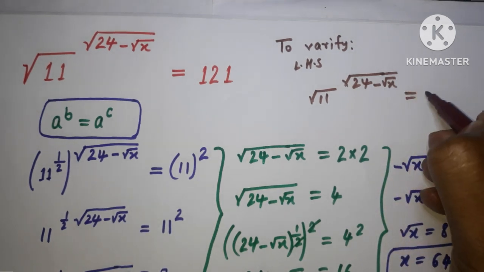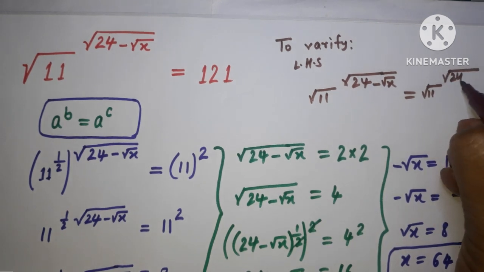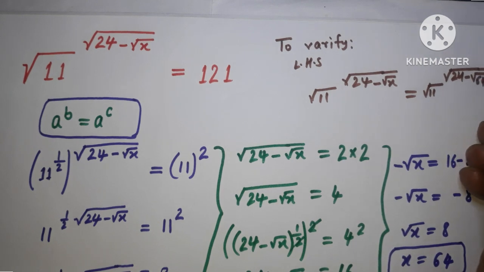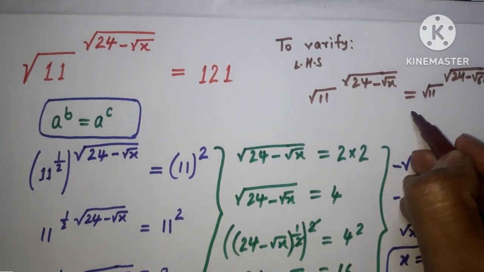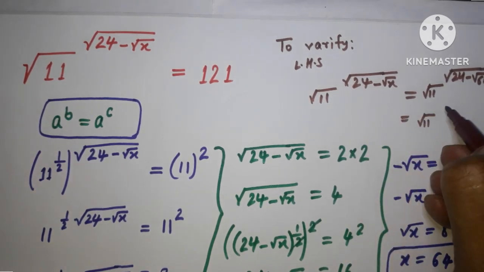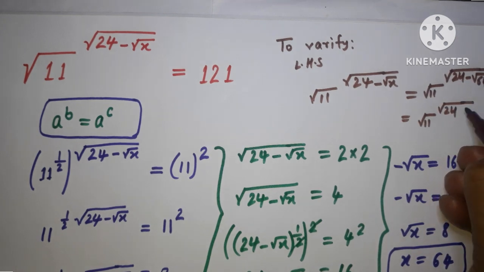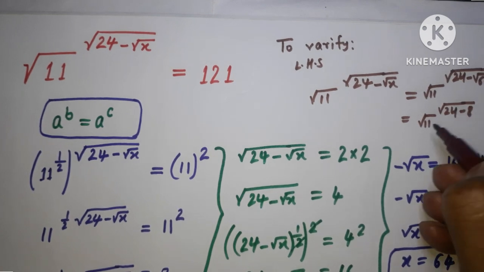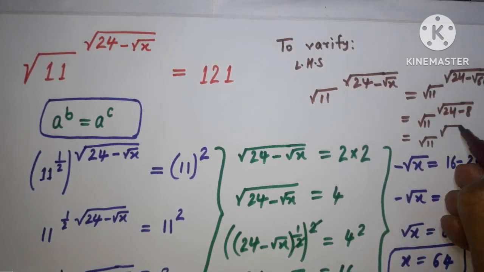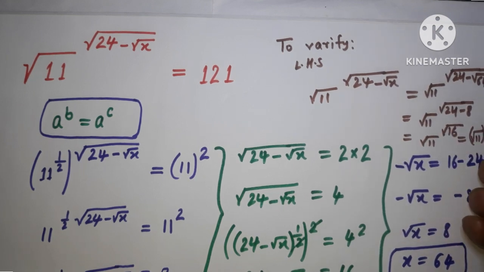I'm putting it here: root under 64 is 8, so 24 minus 8 is 16. So it is root under 11 to the power root under 16, and root 16 is 4, so it is root under 11 to the power 4.